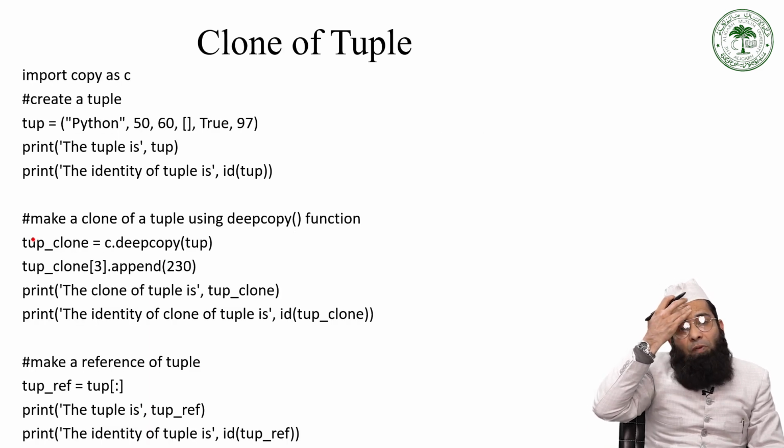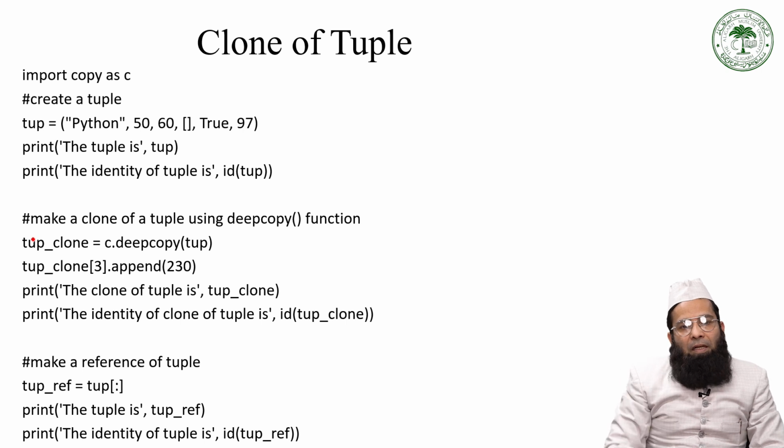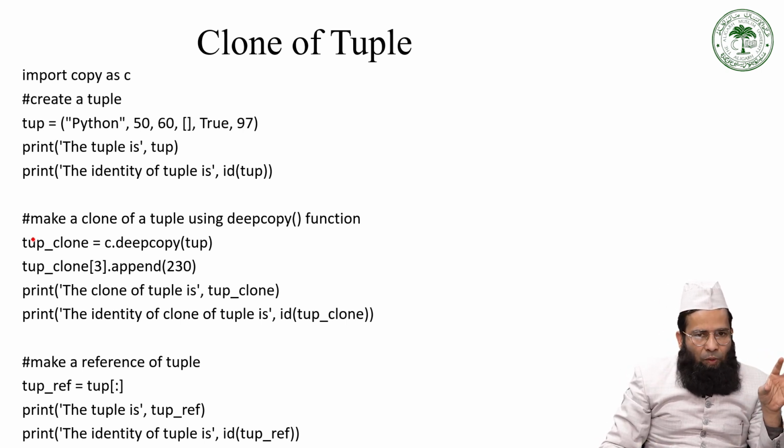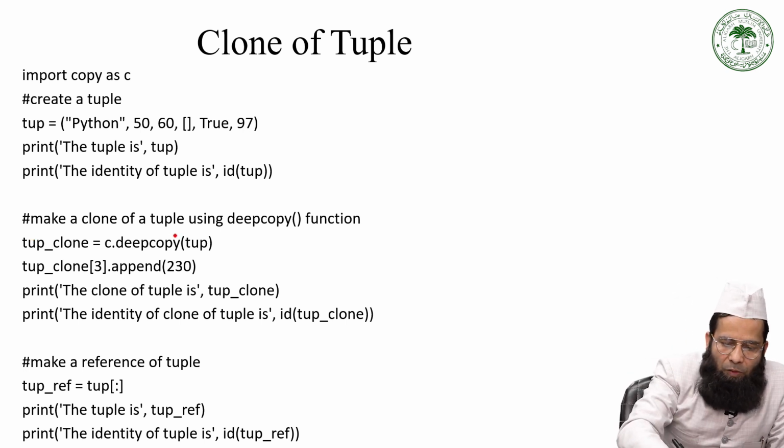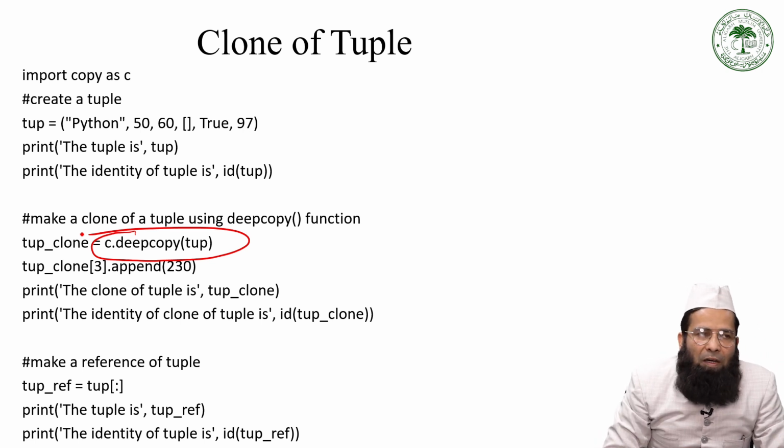Clone a tuple: if you want to clone a tuple, again we have a function. Cloning means there are two different types, shallow cloning and deep cloning. If you want to take a deep copy, then you need to use the deepcopy function.